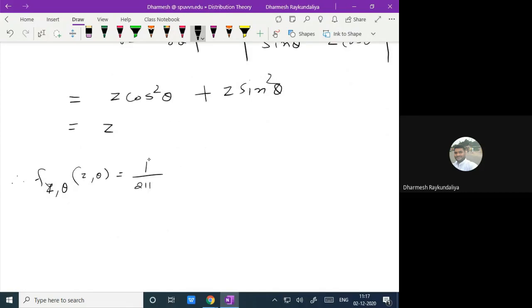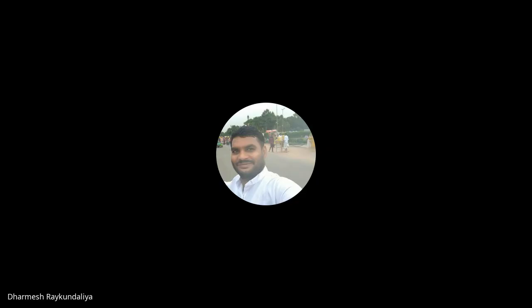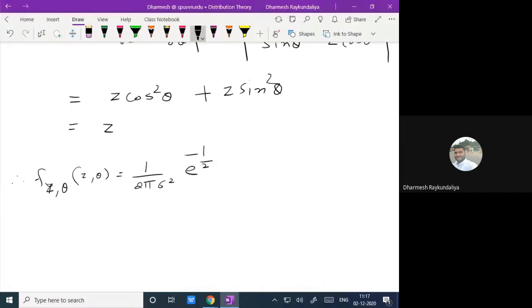So we can write 1 upon 2 pi sigma square, and e raised to minus half of x square plus y square by sigma square, which is z square by sigma square. And what else can you write? The Jacobian is z.